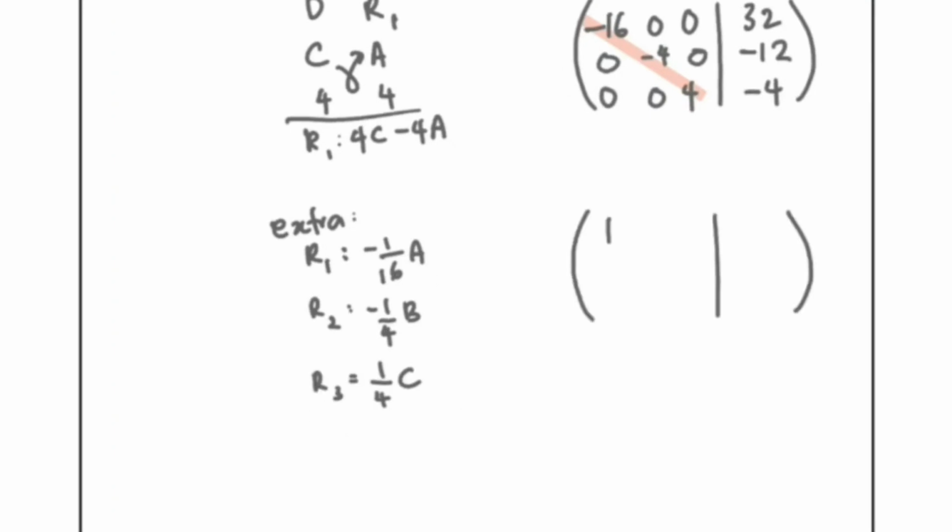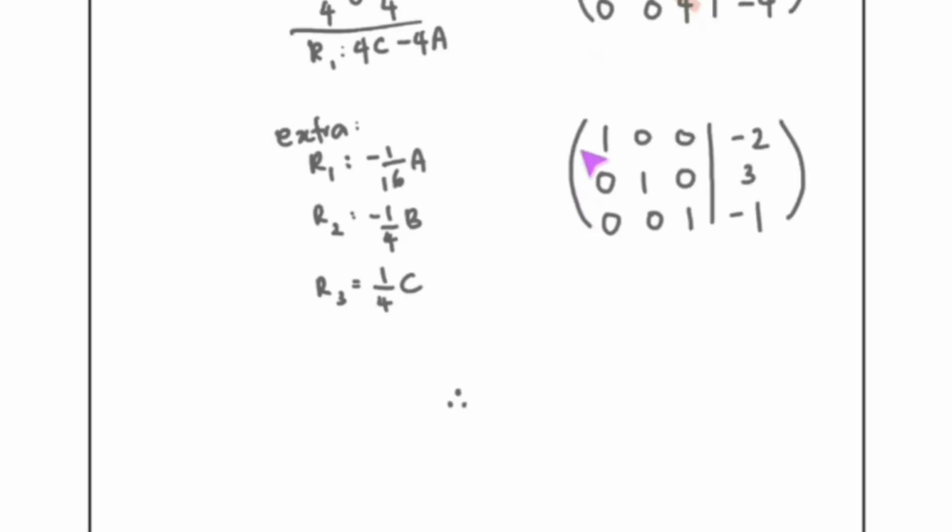Okay, jom kita darab. Okay, untuk row ketiga kita dah dapat sini identity, maka yang ini adalah solution kita. Tulis balik elok-elok. X sama dengan negatif 2, Y sama dengan 3, dan Z sama dengan negatif 1.